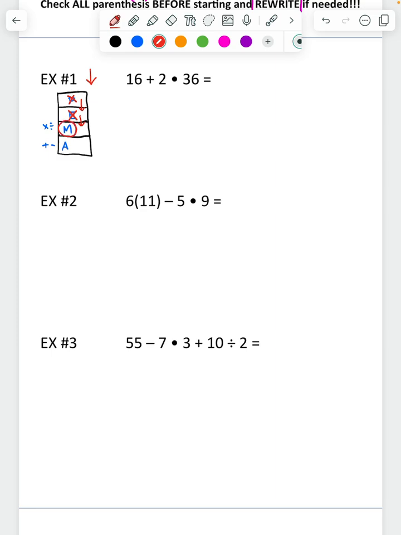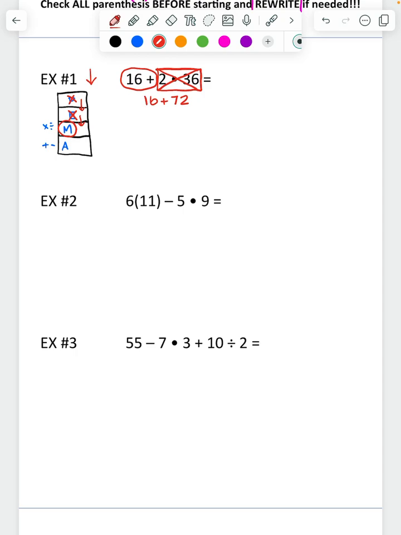So I go to my problem and I put a box around my multiplication and I solve. 36 times 2 is 72. Once I solve, I'm going to mark that out. And this part that was left over here, I'm going to bring down and rewrite. So this plus 16 goes in front, it has to stay in the same order.